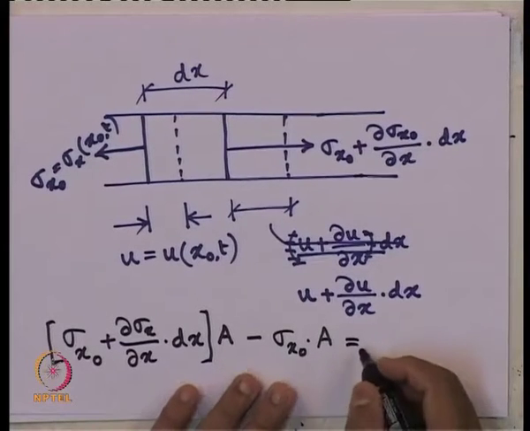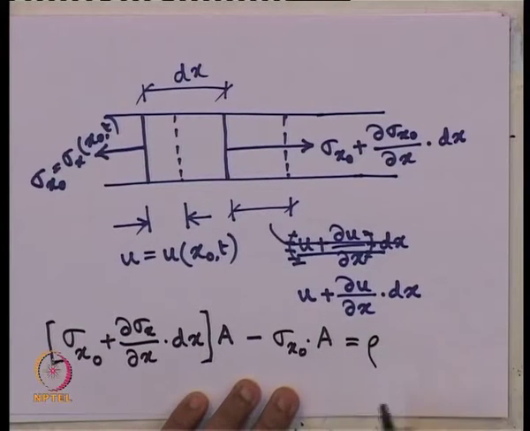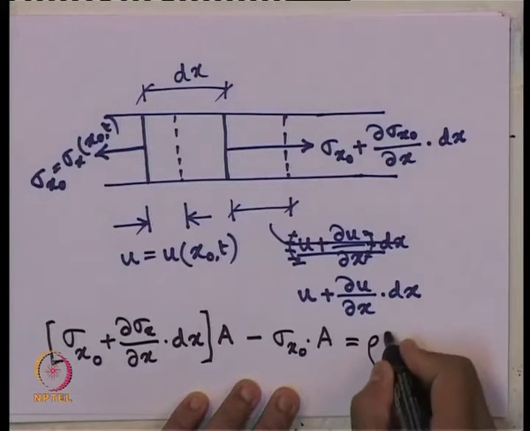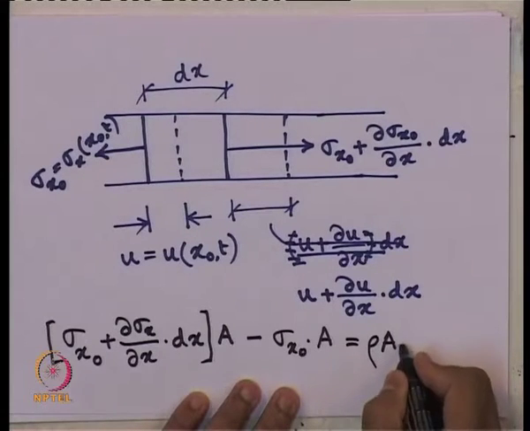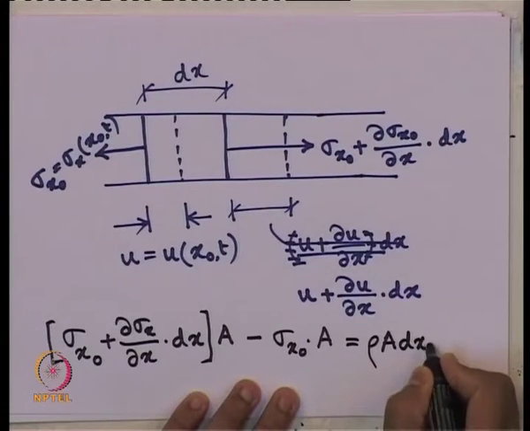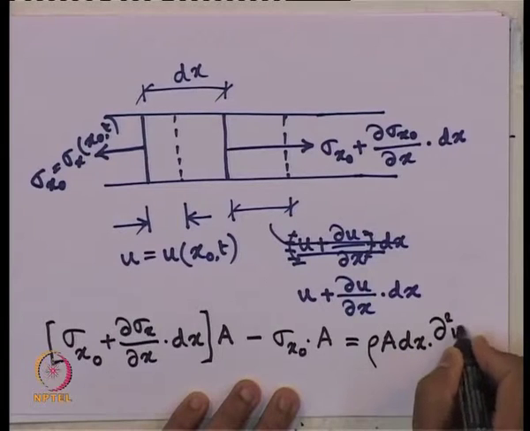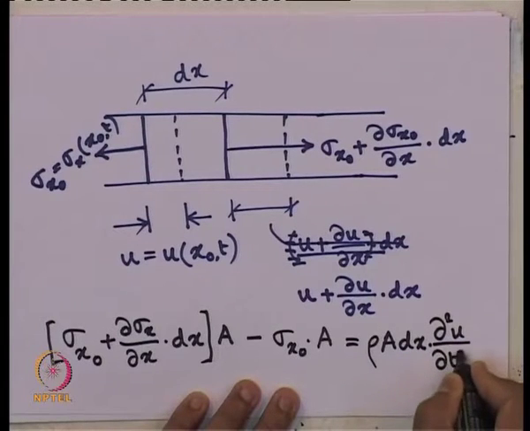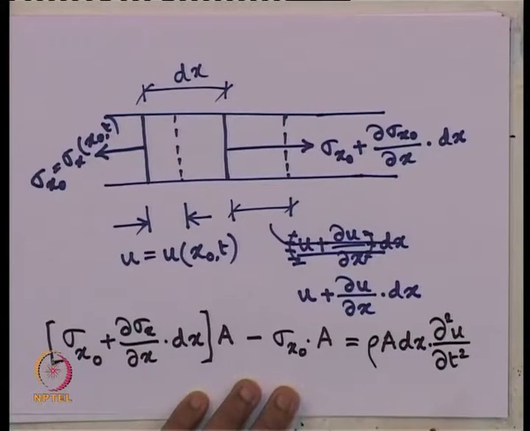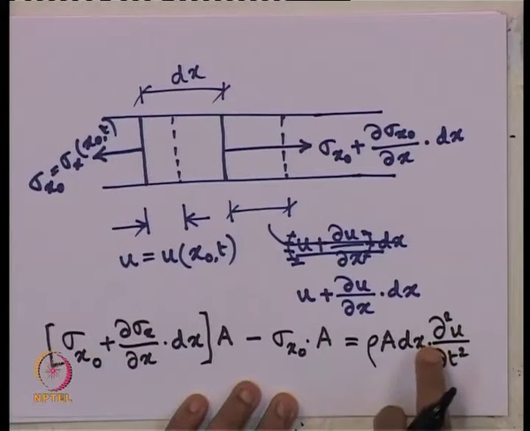Okay? So, this should be equals to rho a dx times del 2 u by del t square. Actually, strictly speaking, when we are talking about one dimension, you can use d 2 u by dt square also, but when we are taking the multi dimensions 2D or 3D, then it will be partial differential.